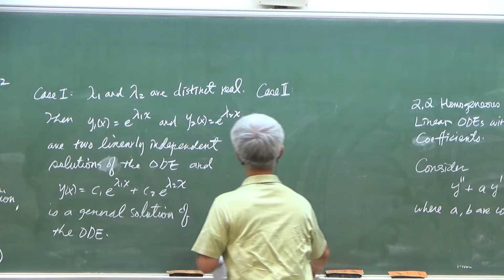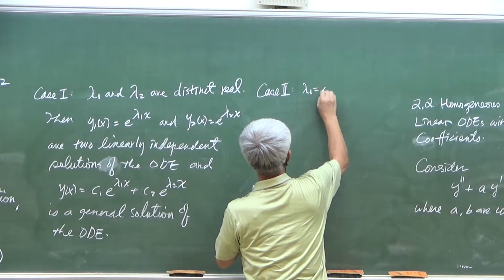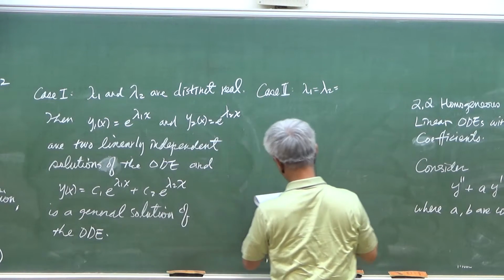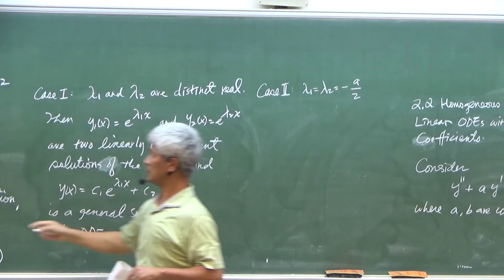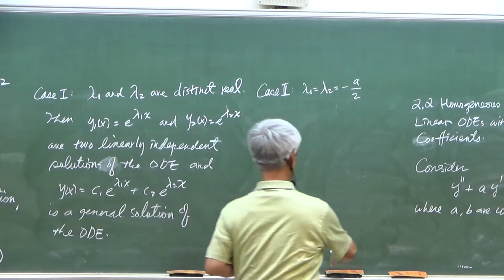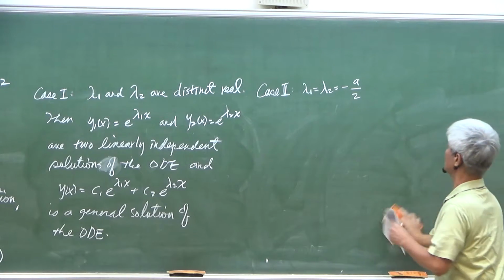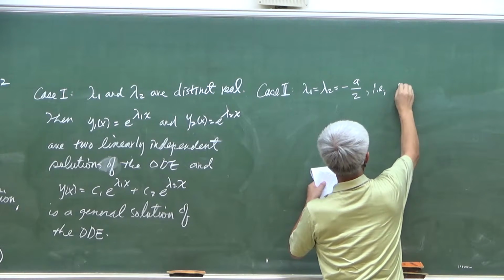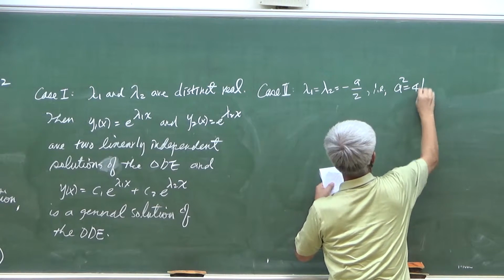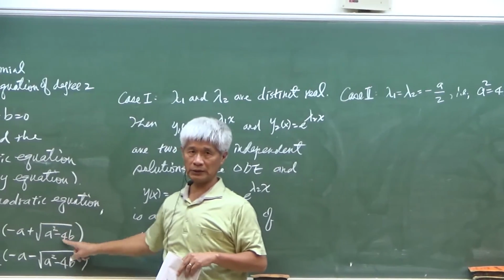Okay, now we go to case 2. Lambda 1 equals lambda 2 equals minus one half a, when a squared is equal to 4b.